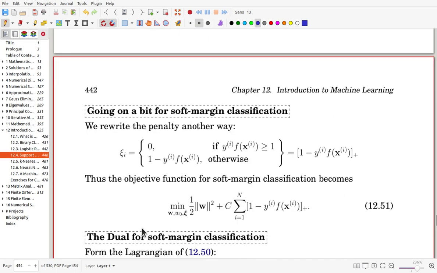Here we have this derivation. Psi i is 0 when the given point is on the right side, but otherwise the slack variable will be positive.